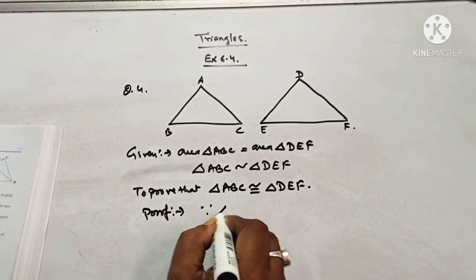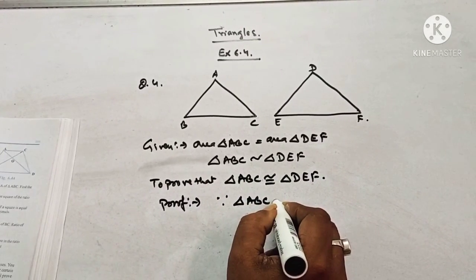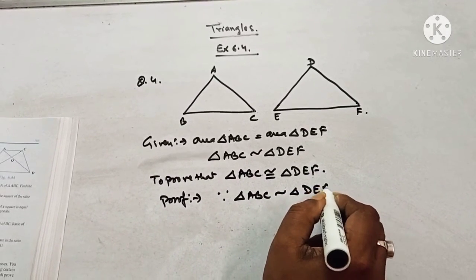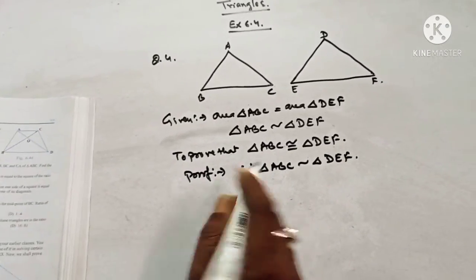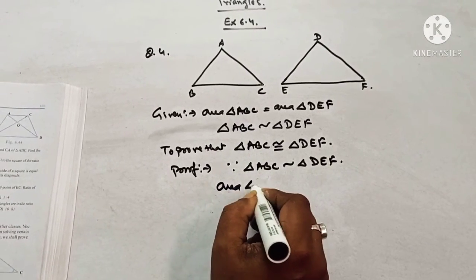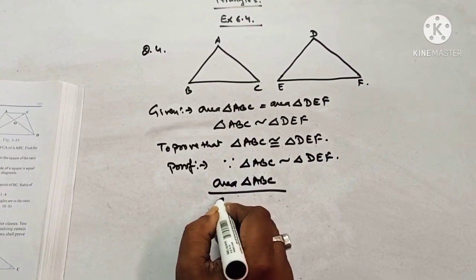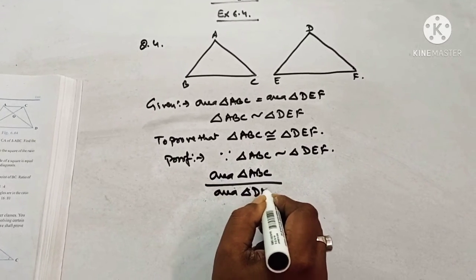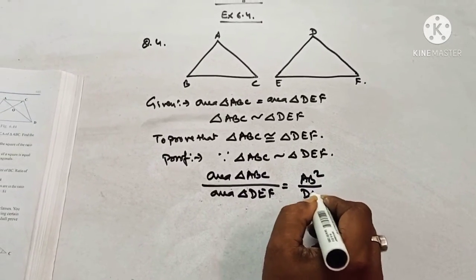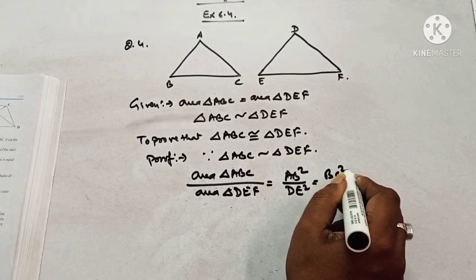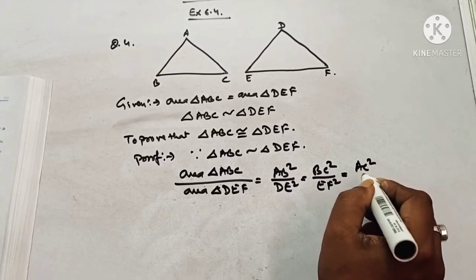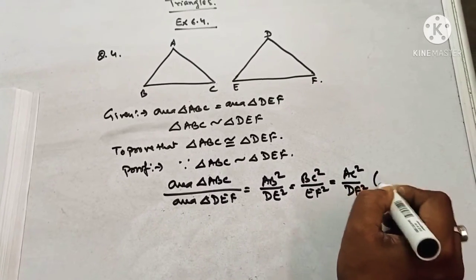Since triangle ABC is similar to triangle DEF, from theorem 6.6, area of triangle ABC by area of triangle DEF is equal to AB square by DE square is equal to BC square by EF square is equal to AC square by DF square.